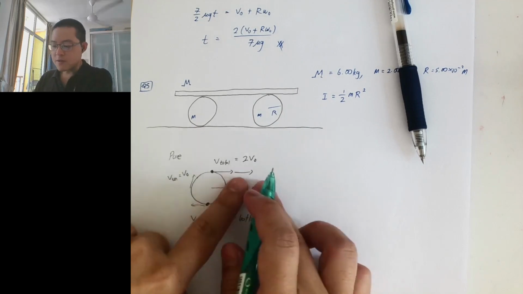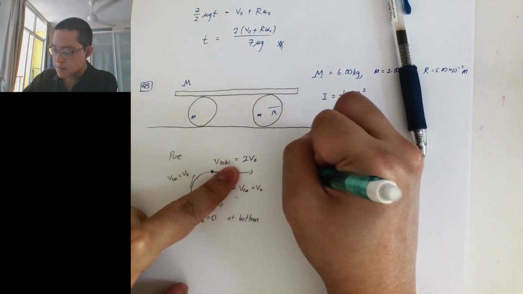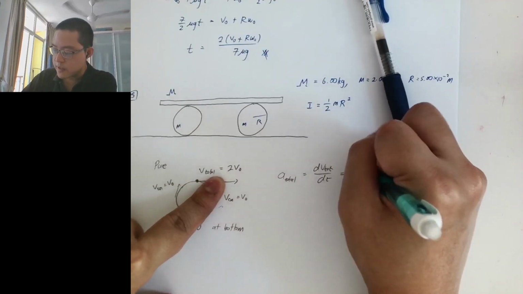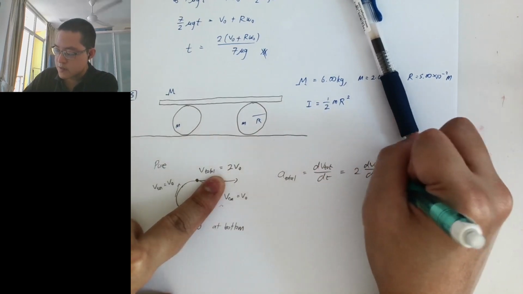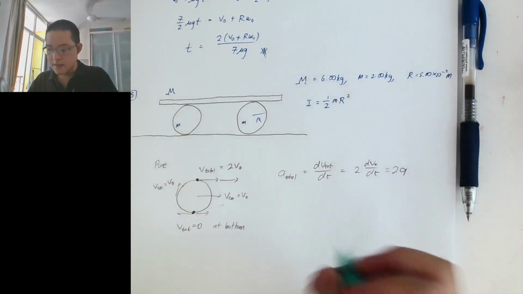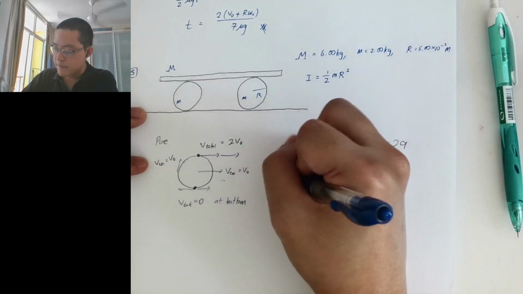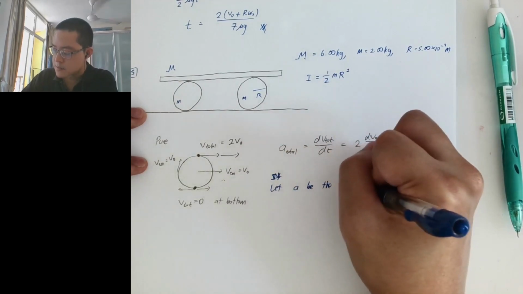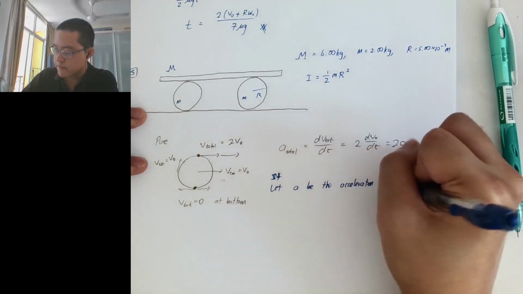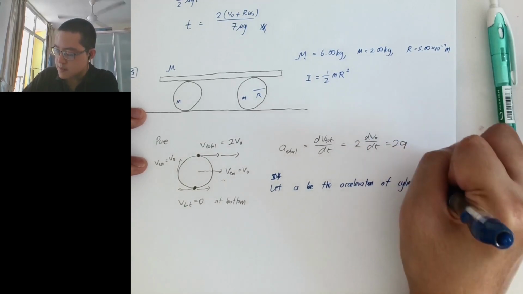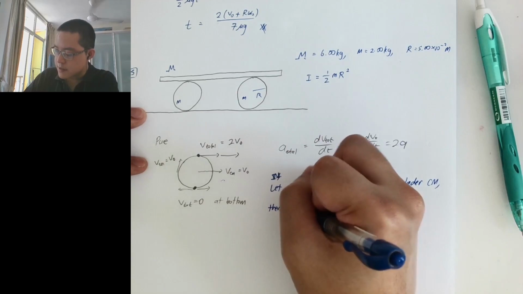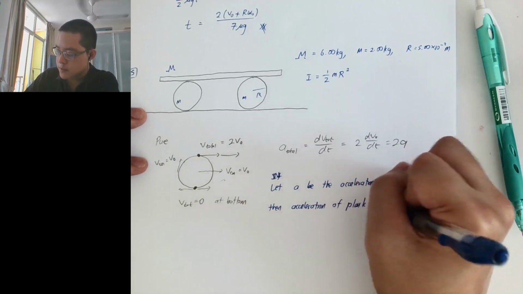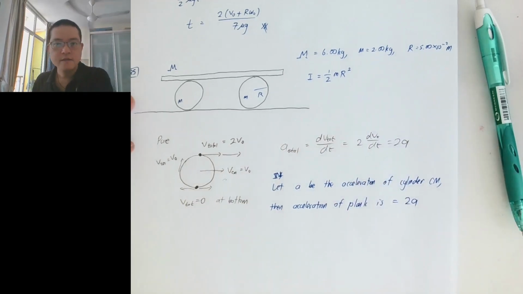Because V total is 2V, the total acceleration is dV total dt, so it's 2 dV dt, so it's 2A. What I'm trying to say is that if we let A be the acceleration of the cylinder center of mass, then the plank acceleration is equal to 2A. Do you agree?